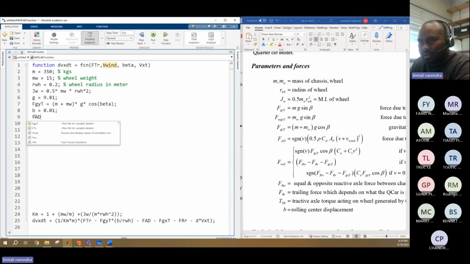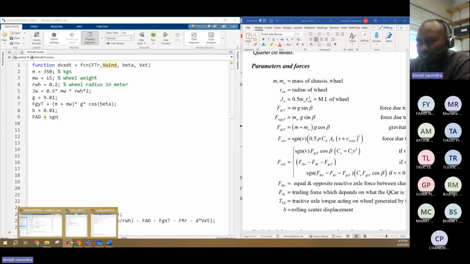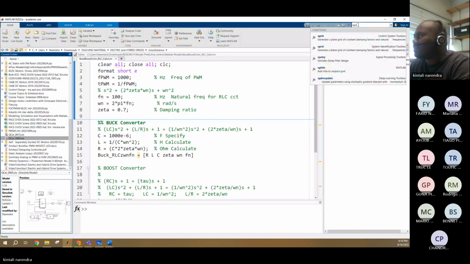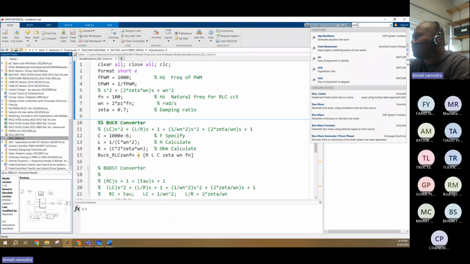FAD is equal to SGN. Did I forget or what? What is the name of the function? Just give me a second. SGN. Sign of.